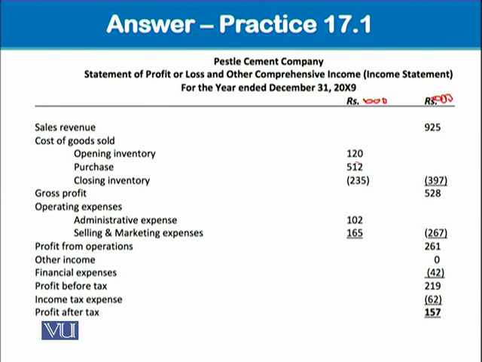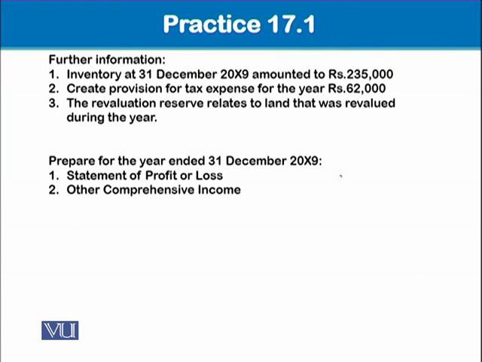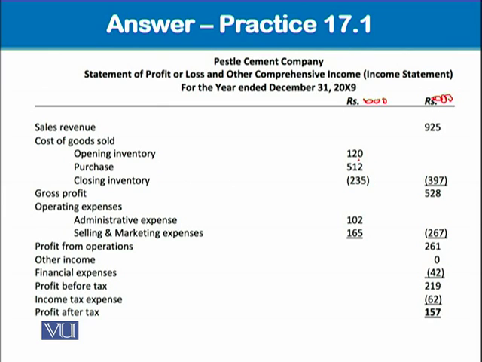The cost of goods sold figure comprises the opening stock, which we took from the trial balance, the purchases, which we took from the trial balance, and the closing inventory, which we took from the adjustment, which is 235,000. So we have cost of goods sold, and this is the amount of gross profit.